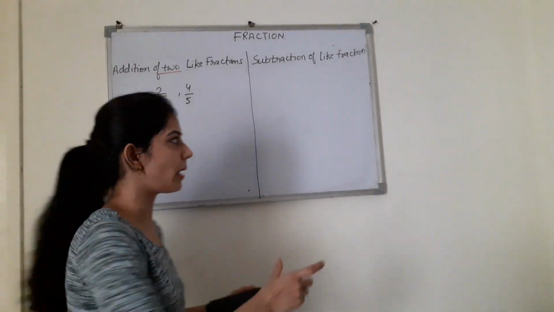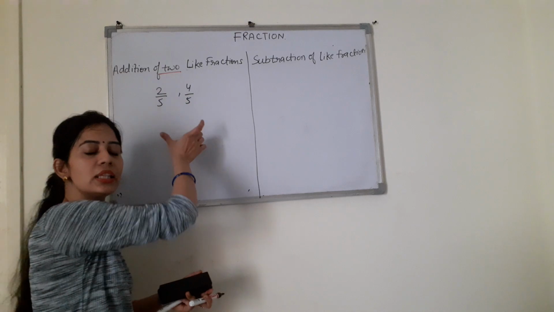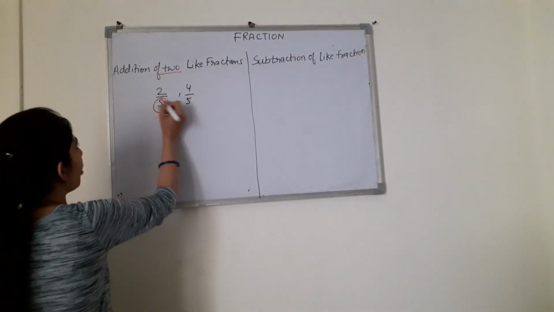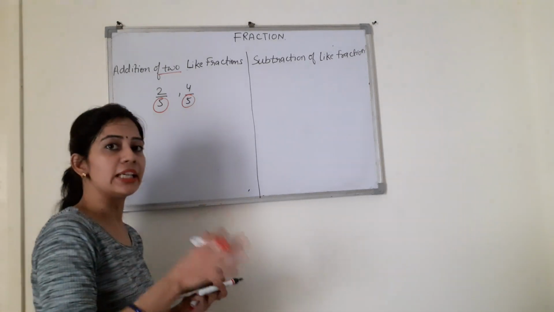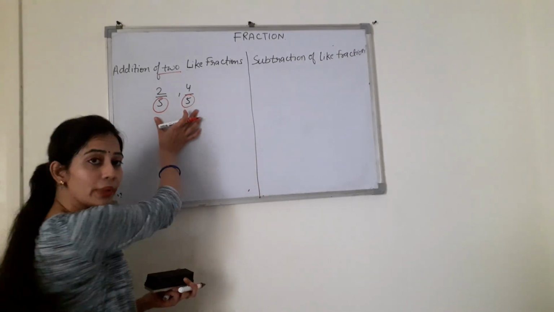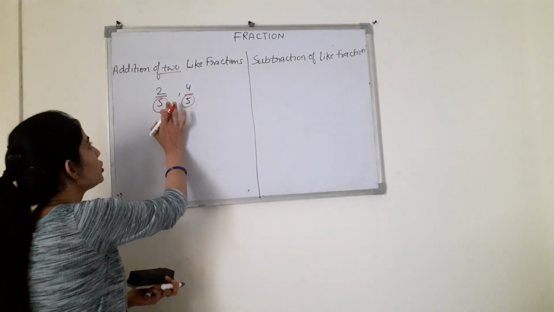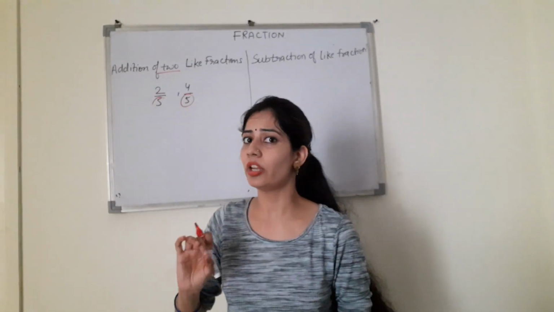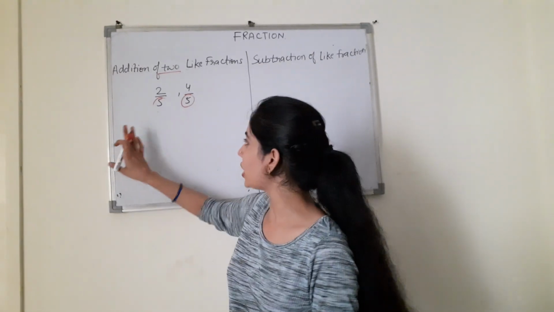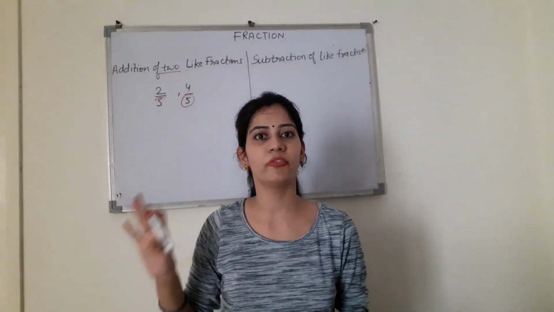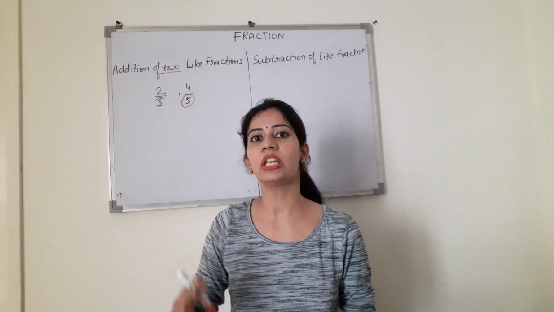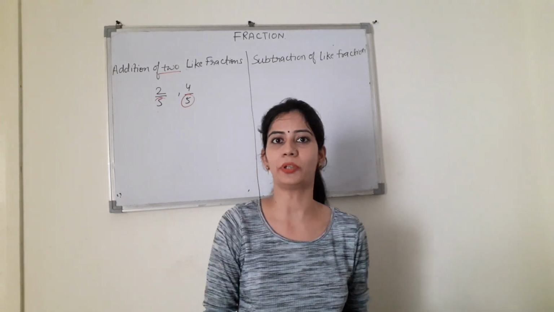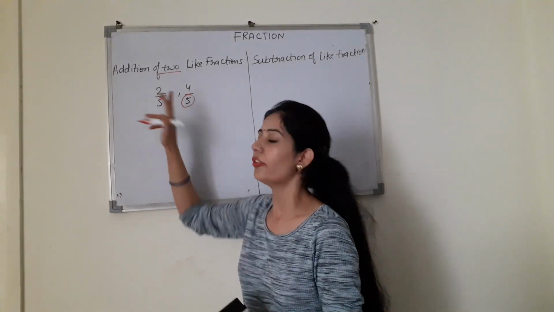If I'm talking about what similarities these two fractions have, it is the denominator values. It means these denominator values are the same. So in the case of like fractions, we need not change the denominator value, or we can say we need not add or subtract the denominator values.